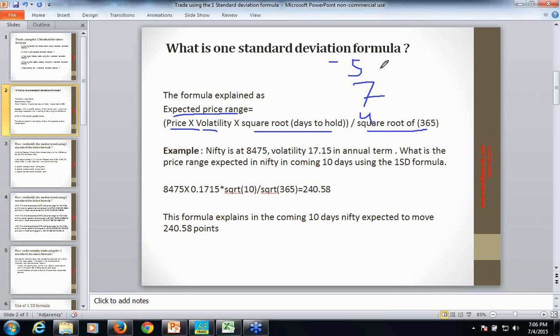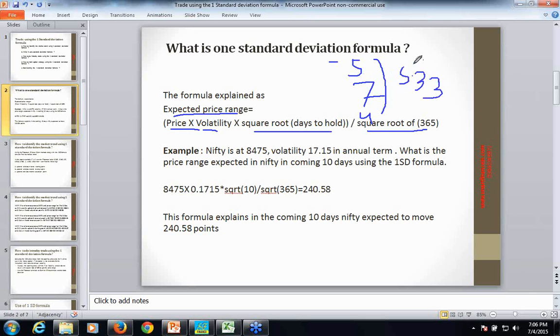If I take the mean or average of this, I have to add 5 plus 7 plus 4 divided by 3. This gives me 5.33 as the average or the mean.